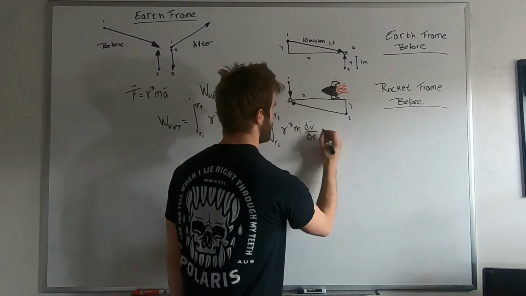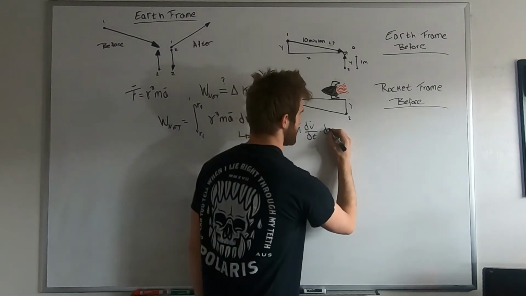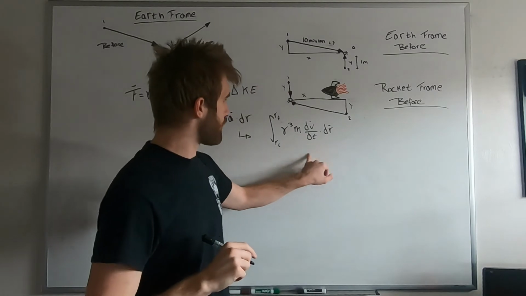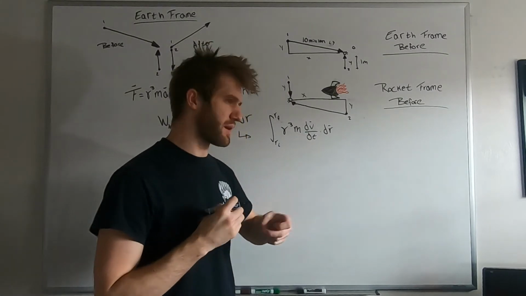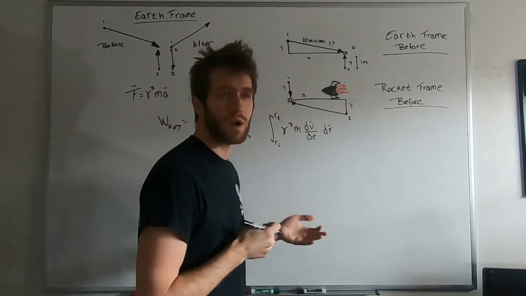Times our limit of integration, which is just our position that we're moving along, okay? All right, so let's bring this over and look at a particular substitution that we can make, which may be familiar to any of you who watched the previous video.